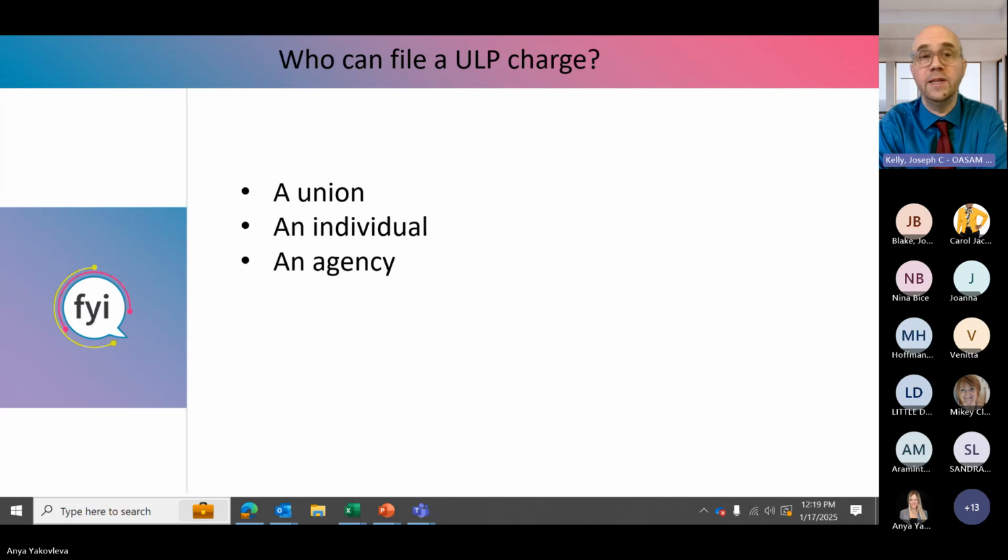So who can file a ULP charge? A union can file a ULP charge. An individual can file a ULP charge against a union or against an agency, and an agency can file an unfair labor practice charge against a union. Now, the vast majority of unfair labor practice charges come from unions against the agency.